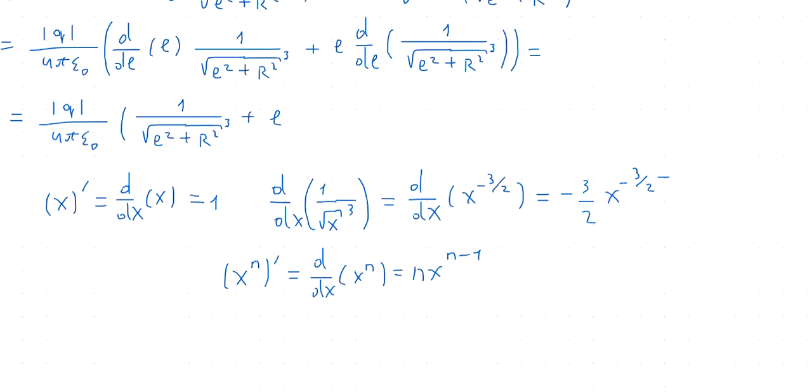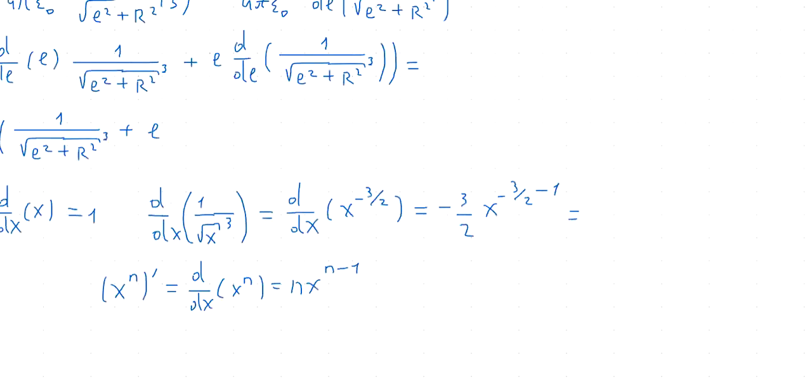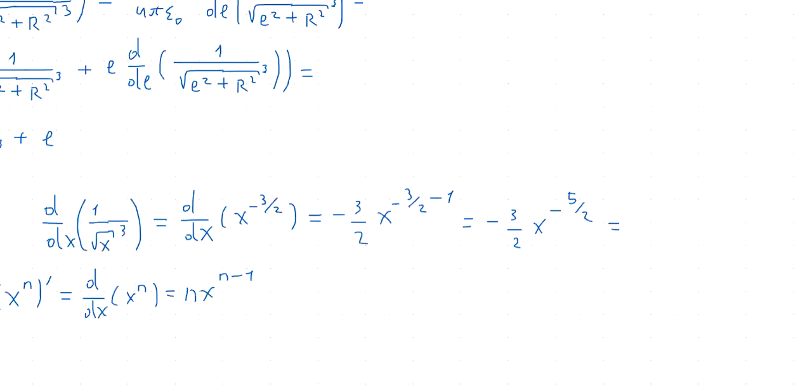This will be minus 3 seconds, x to the power of minus 5 divided by 2, and this will be minus 3 seconds and 1 divided by square root of x to the power of 5.